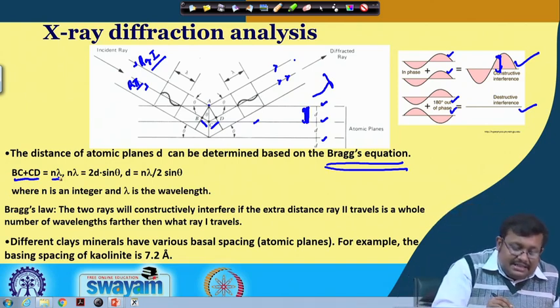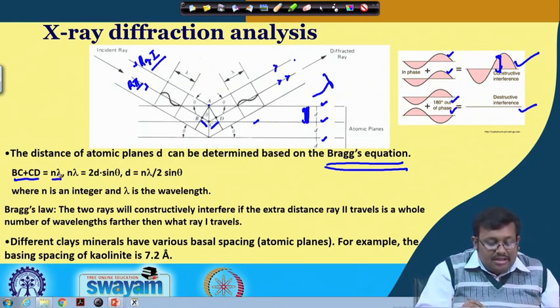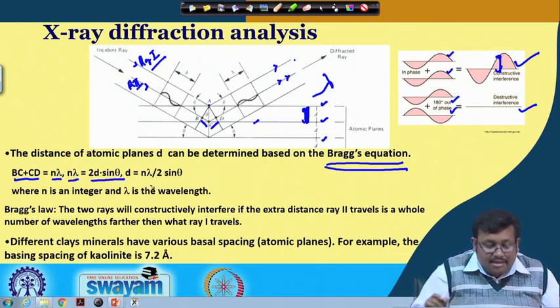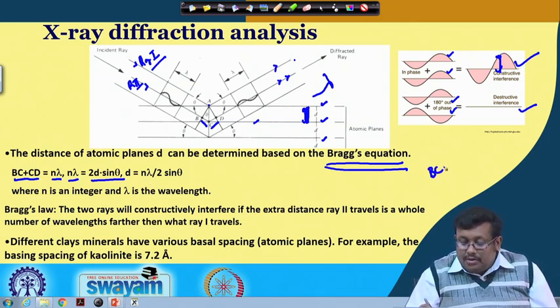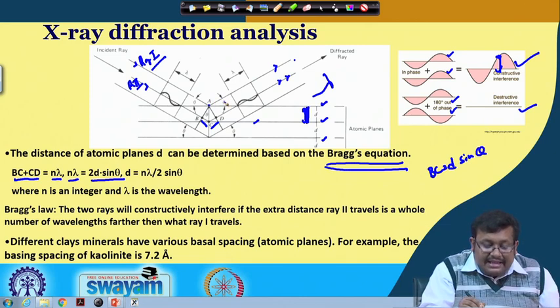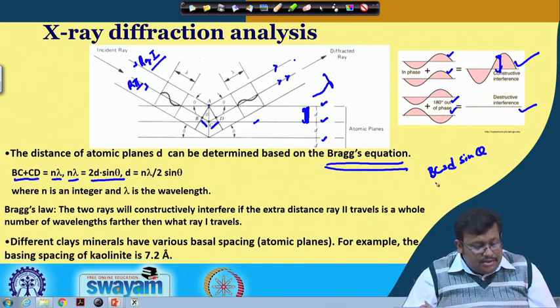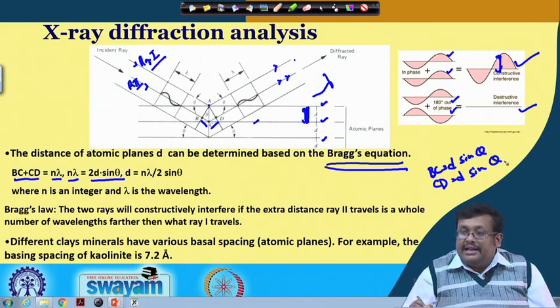If the incident ray wavelength is lambda and n is the integer, then n lambda is basically 2d sin theta, because BC equals d sin theta, where theta is the angle that it makes, and CD is another d sin theta.